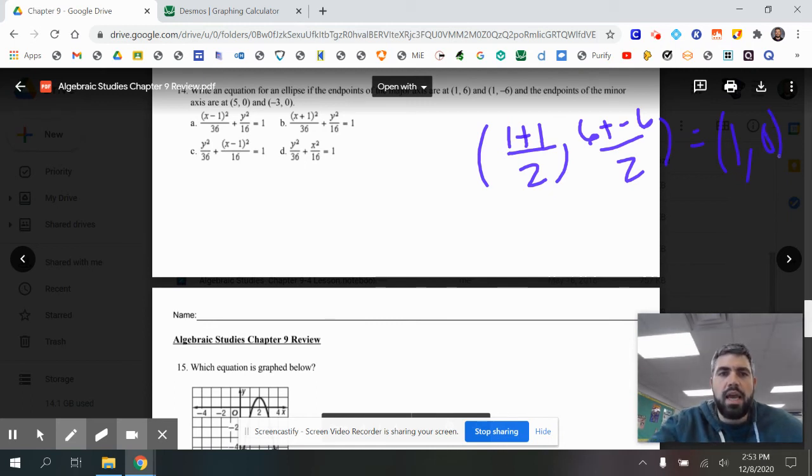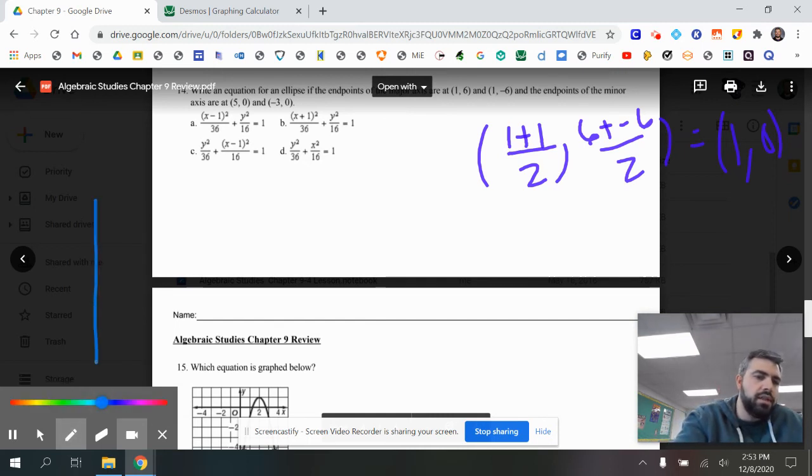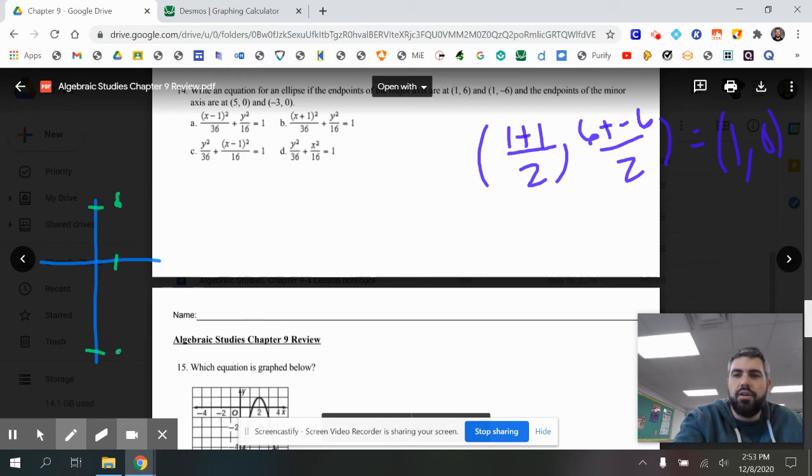Okay, and we also know, if we're thinking about this in terms of some sort of a graph, if our points are at 1, 6 up there and 1, -6 down there, and that's our major axis, it means it's a vertical one, which means that our y is going to come first.